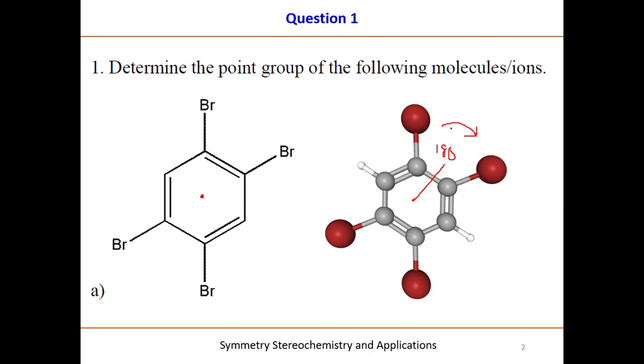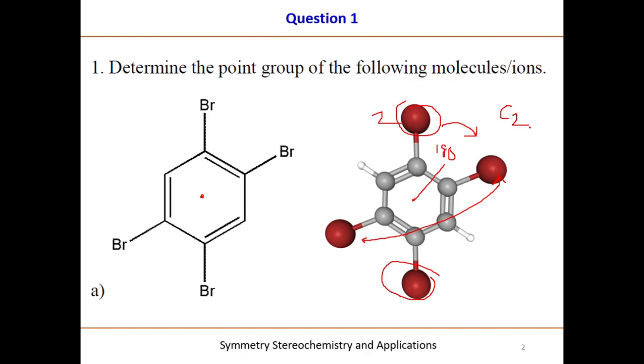Suppose we rotate the molecule in the right hand side direction, then this atom will come upside and this one will go down. So it will become an indistinguishable image, and this one will be replaced by this one. All four atoms are bromine atoms, so it will become an indistinguishable image. That means a C2 axis is present here.